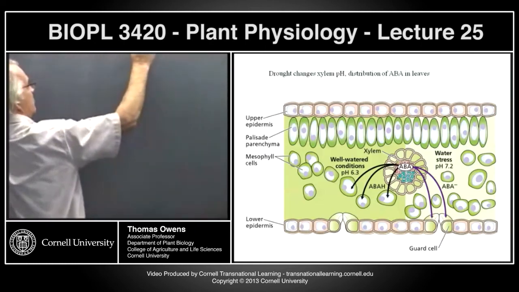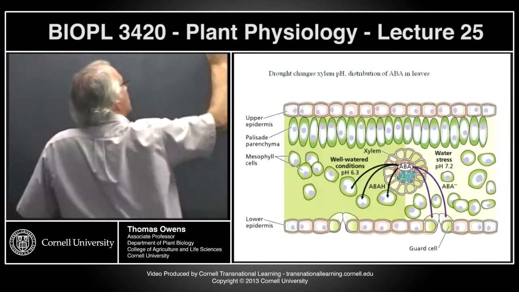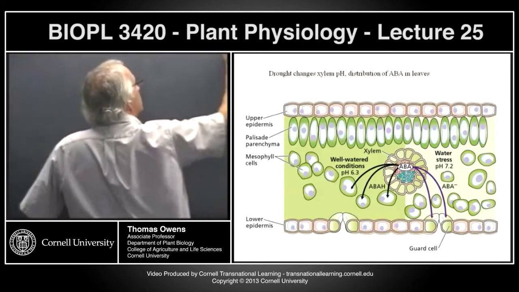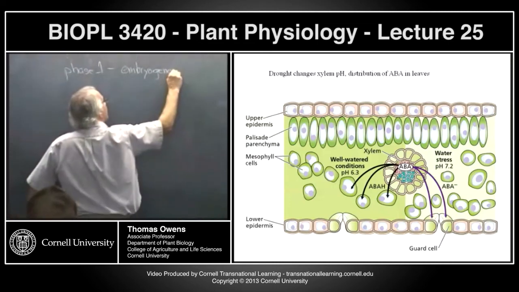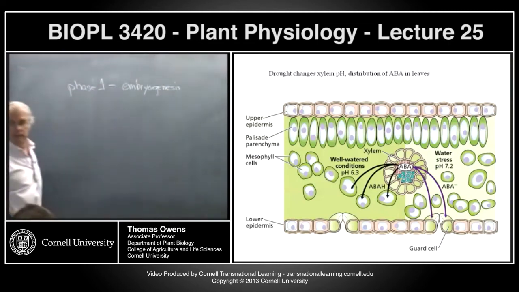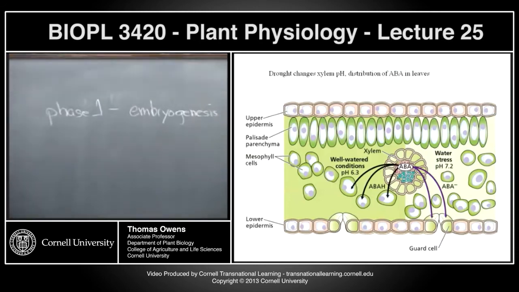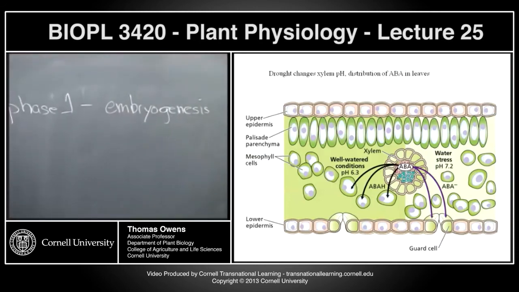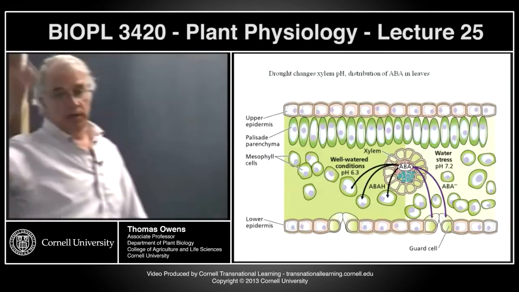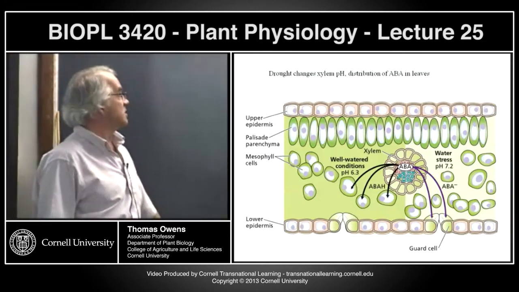This is basically embryogenesis. For any type of seed, the seed development starts off with the formation and growth of the embryo, the sorts of things that we talked about several lectures ago.